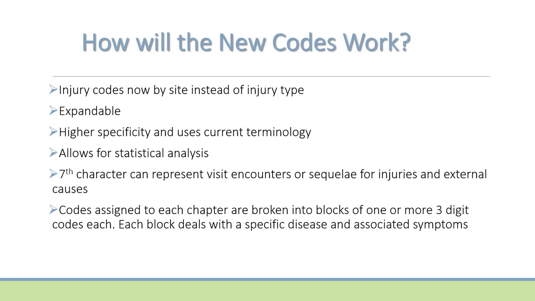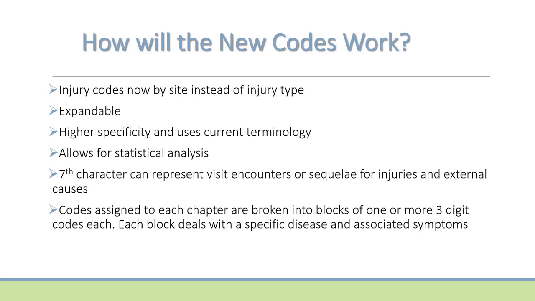Those are codes you should be using for your auto and work comp and any group health where the condition was based on some trauma. When those get carried over, there's a placeholder at the end, called the seventh character. And we're now going to be responsible for what we call episode of care. That's going to be either the initial visit, subsequent visit, or sequela, and I'll get into that more later.